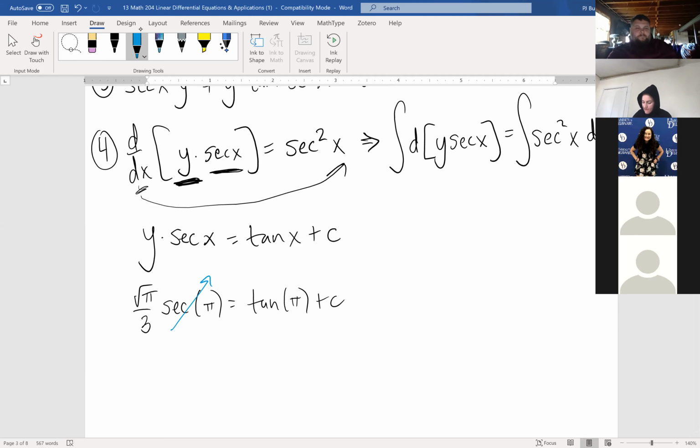Right? And same thing with tan, right? Tan is sine over cosine. Sine of pi is 0. So 0. So this gives us that C is negative root pi over 3.